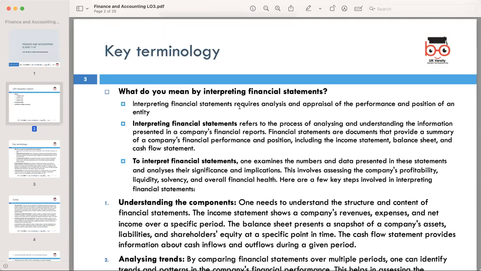We analyze trends by comparing financial statements over multiple periods. By doing this, we can identify patterns and trends in the company's financial performance. This helps us assess the company's growth rate, profitability, and financial stability over time.